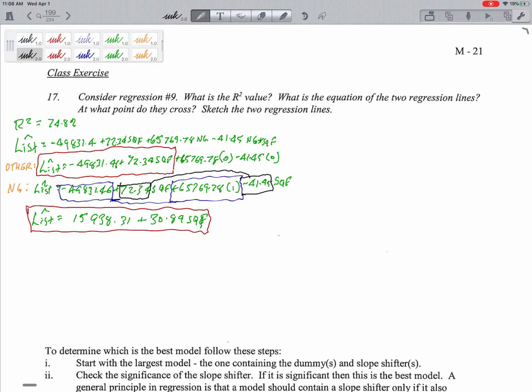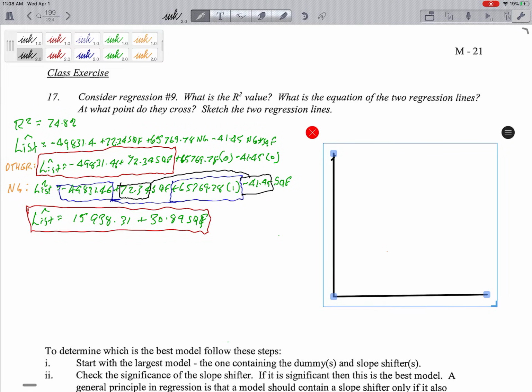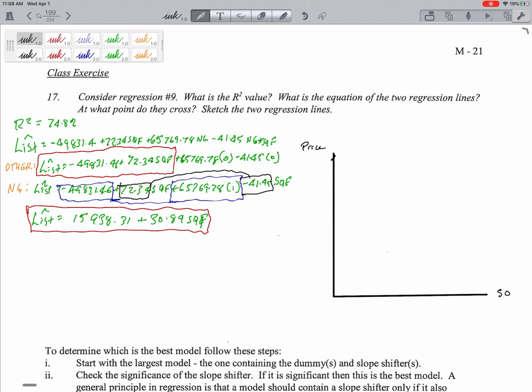So let's draw that out now. We're going to have price and size, square feet. We'll have a line with an intercept of minus 49 thousand, and then a fairly steep slope for the other.